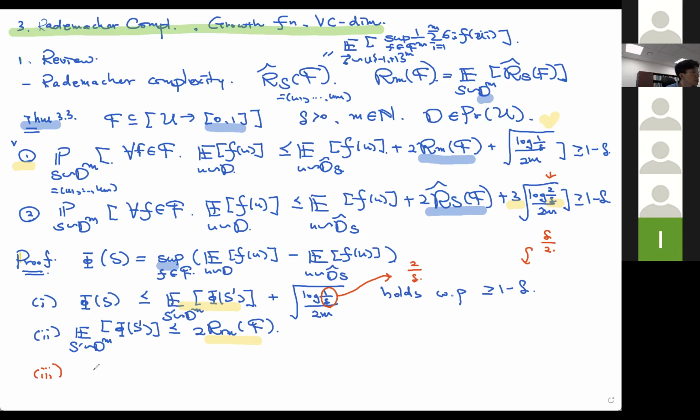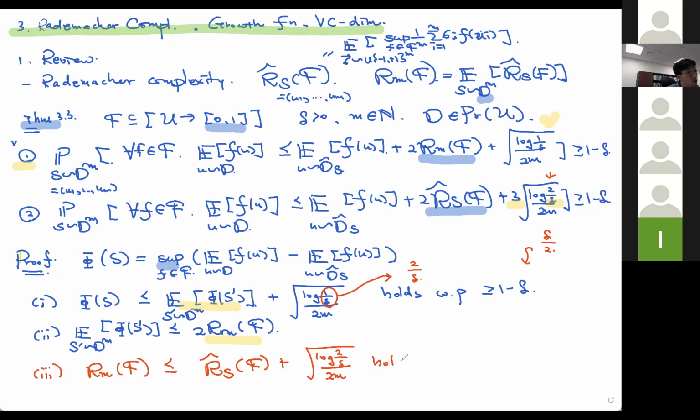The third fact is that the Rademacher complexity R_m of F is going to be bounded by the empirical Rademacher complexity over S, together with the square root of 1 over 2m times log of 1 over delta.